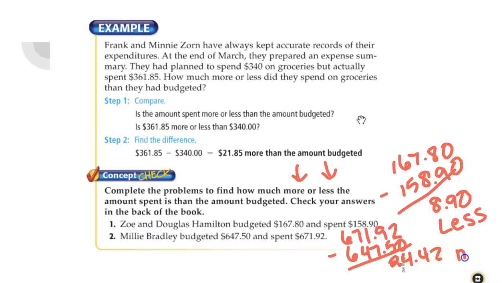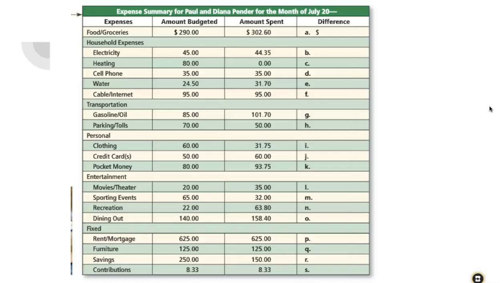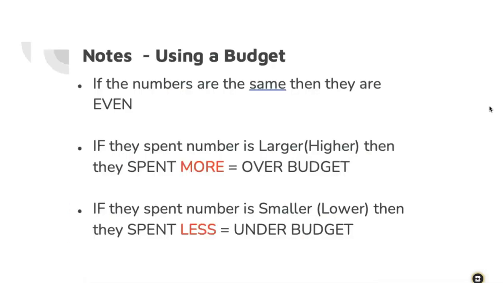So they went over, okay? So that's another way you can say it, is they went over the amount, and this is under the amount, okay? So in your notes, you're going to be given problems where you're given the amount budgeted and the amount spent. You need to tell me the difference, if they're over, under, or less than, more.